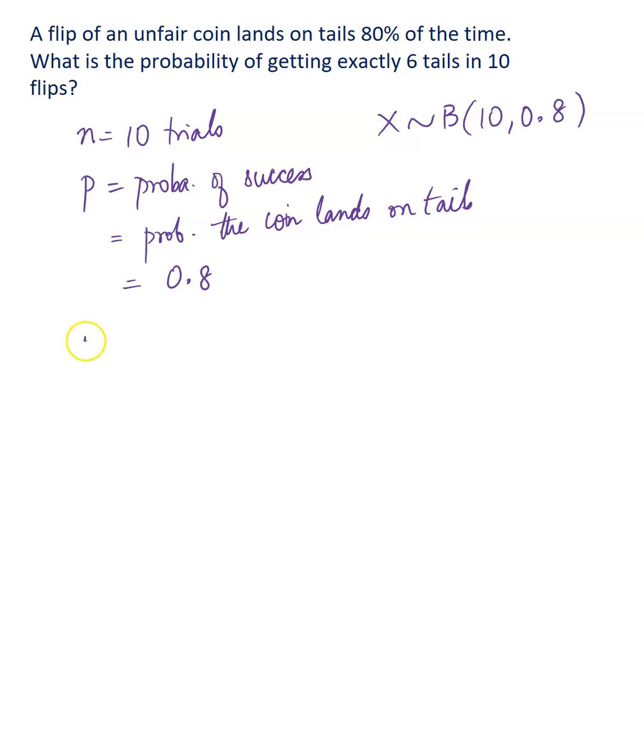In particular, we're told how many trials there are, right? Yeah. So that will be the number of successes, not how many trials, sorry, the number of successes. X stands for the number of successes. So here we're told that we have the number of tails appearing.